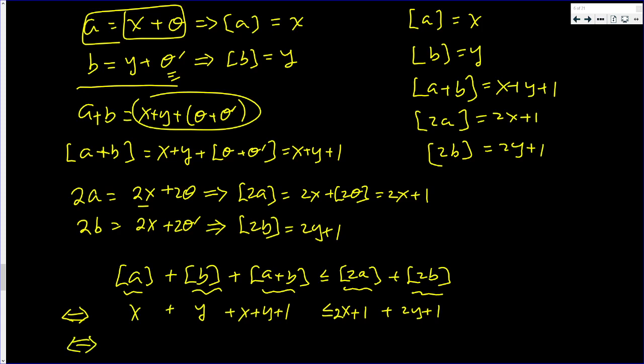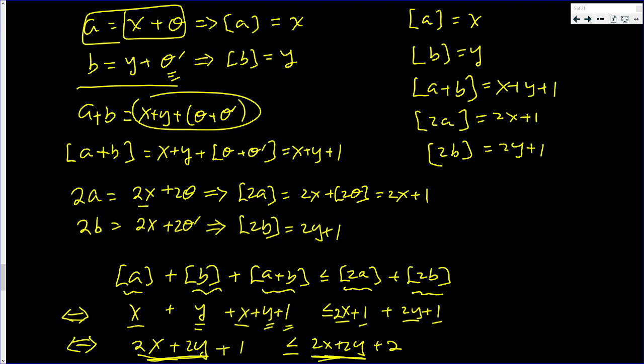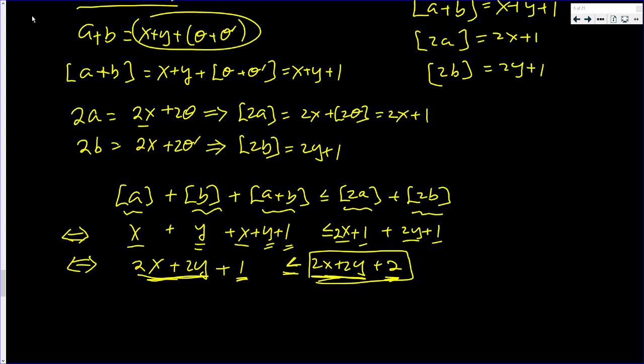Well, you have x plus x is 2x, y plus y is 2y, plus 1. And yep, that is less than 2x plus 2y plus 2. 1 plus 1 is 2. So far, both sides have the same. You add 1 here, you add 2 there. This side is now larger. It's 1 larger. So all the cases show us the result.